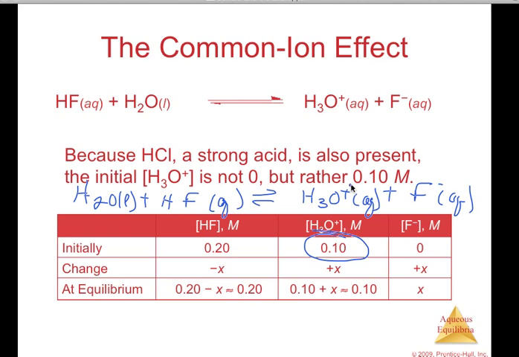Again, since our Ka was 10 to the negative fourth, we can assume that the x is going to be small compared to the 0.1, small compared to the 0.2. So we have at equilibrium, we're going to assume HF is 0.2 and the concentration of hydronium 0.1, concentration of the fluoride ion would be x.